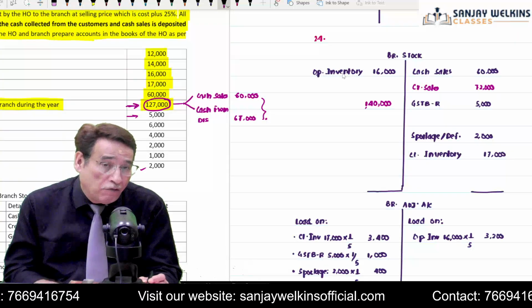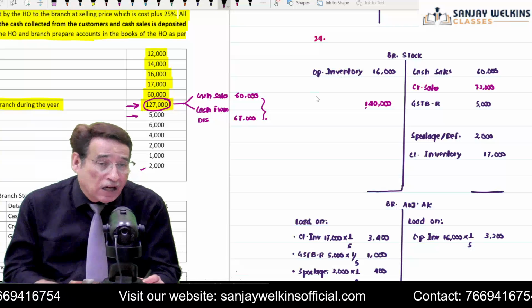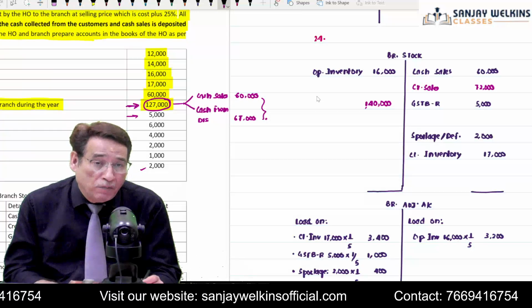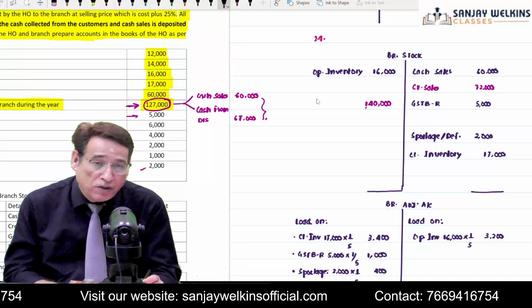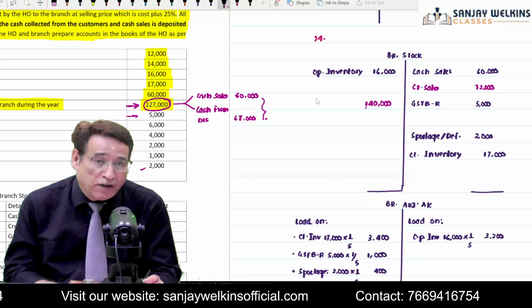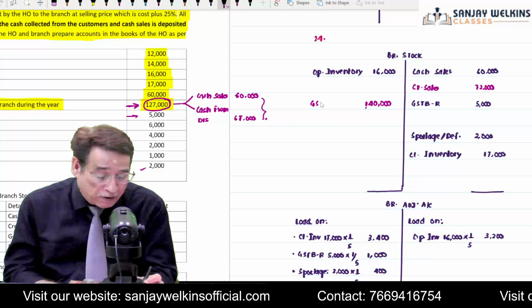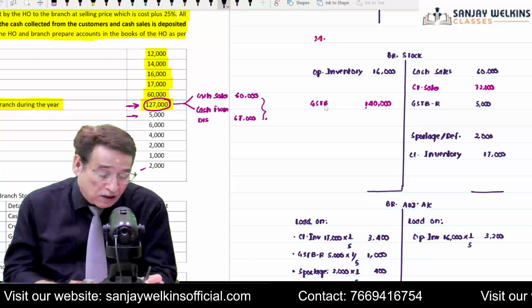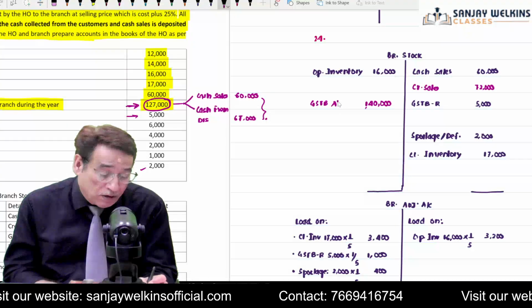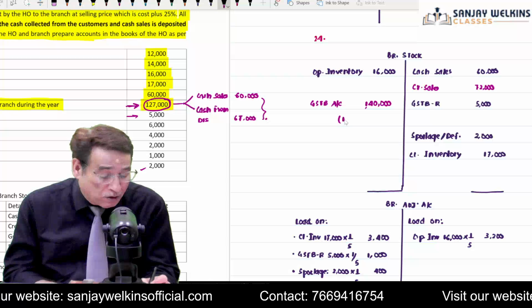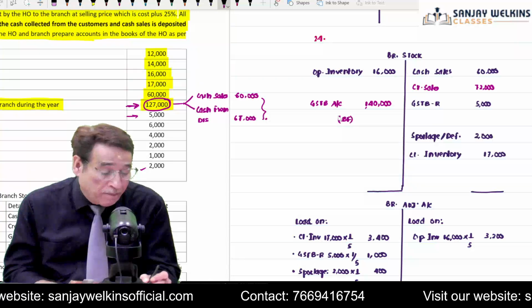But opening inventory is given. Now your second preference should be goods sent to branch account, and in this question goods sent to branch account are not available. So that is the reason you will consider it as goods sent to branch account. Is it clear to you or not? So this time you will consider it as goods sent to branch account.